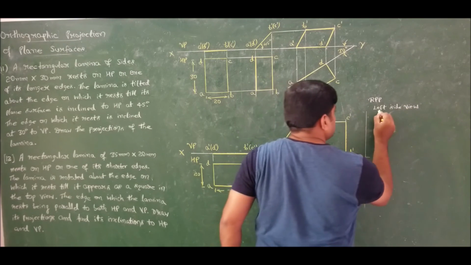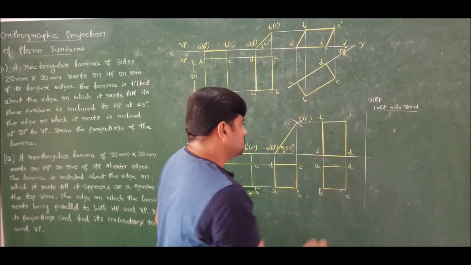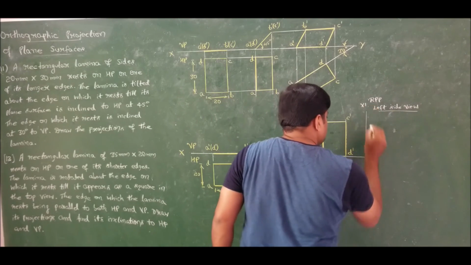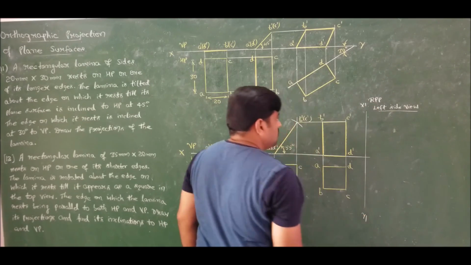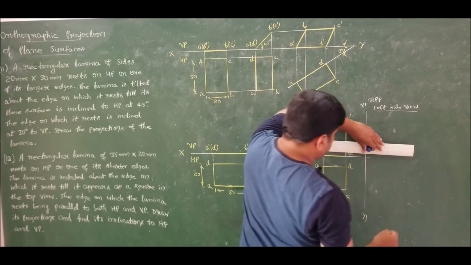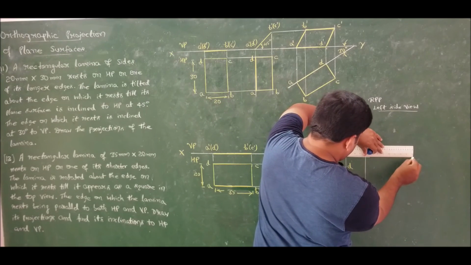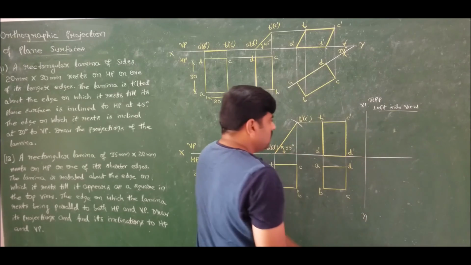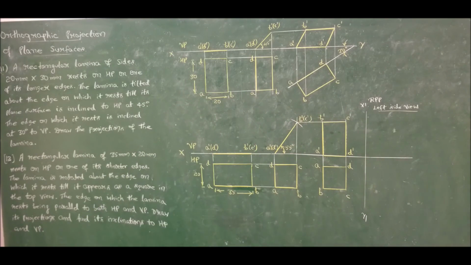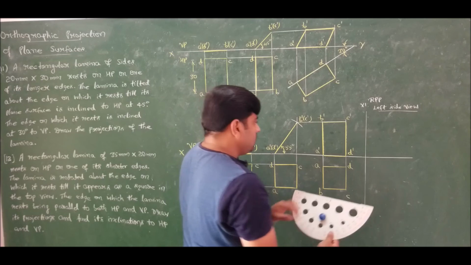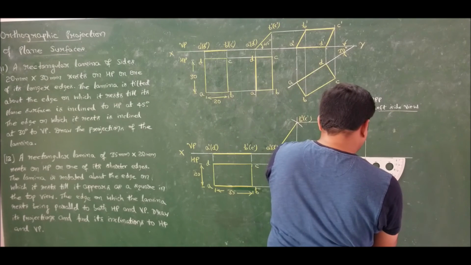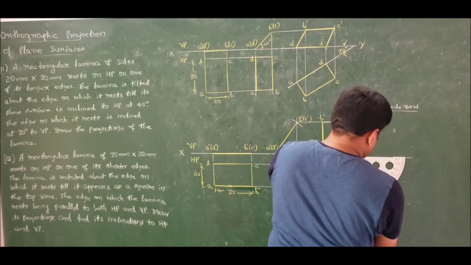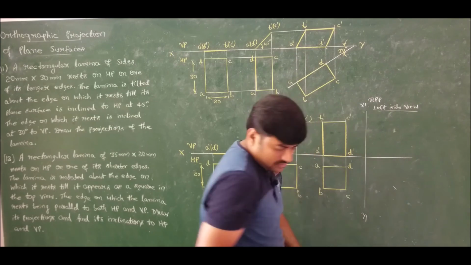This you people know, correct? So this is the x1 y1 line. Now to extract the side view, first you should construct a 45 degree line on the HP side from the intersection of the XY line with x1 y1. So draw a 45 degree line here.